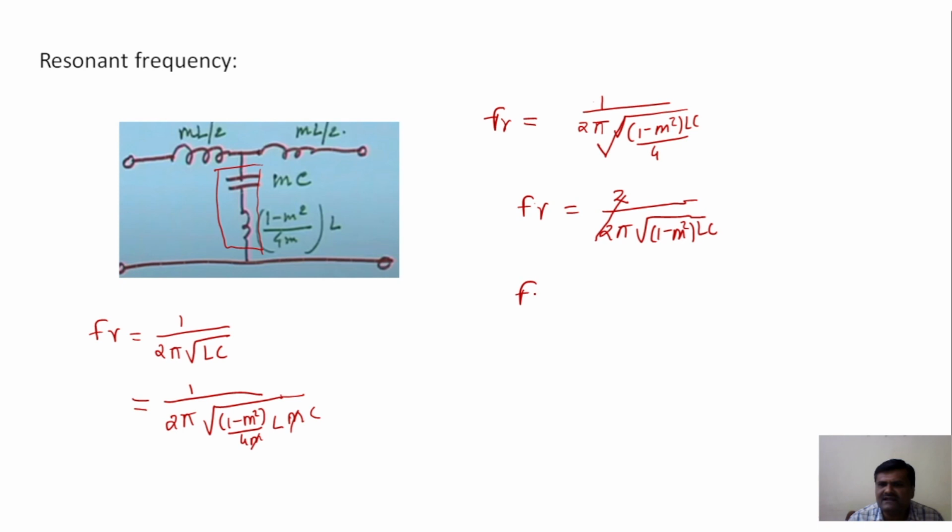So Fr equals 1 divided by pi root 1 minus m square LC. Okay, this is the resonant frequency.